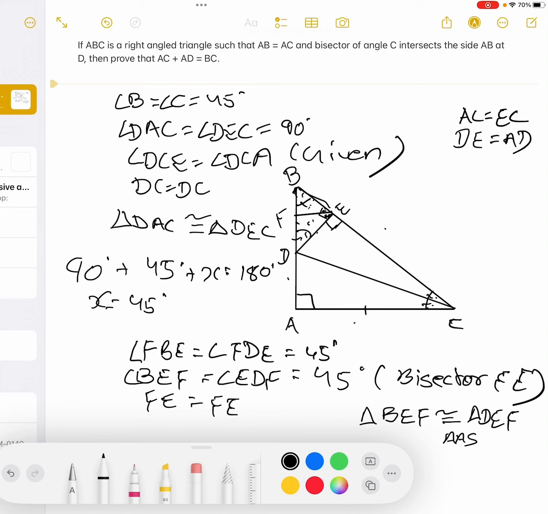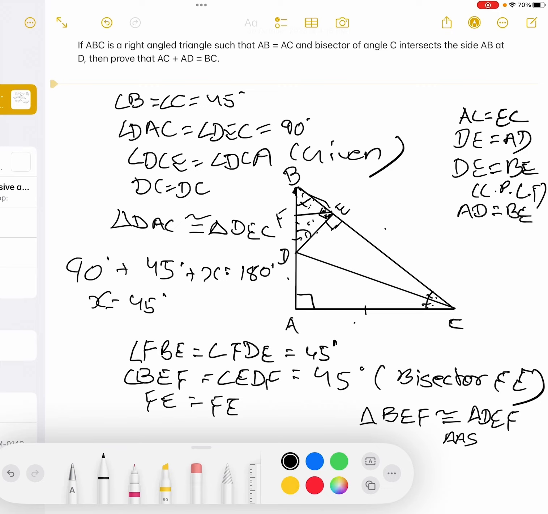And when this happens, then DE is equal to BE by CPCT. And when this happens, DE equals AD, DE equals BE, so AD equals BE.